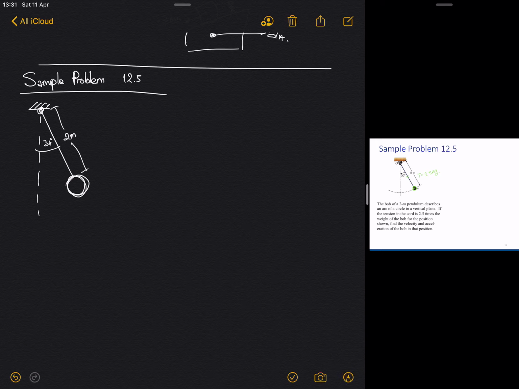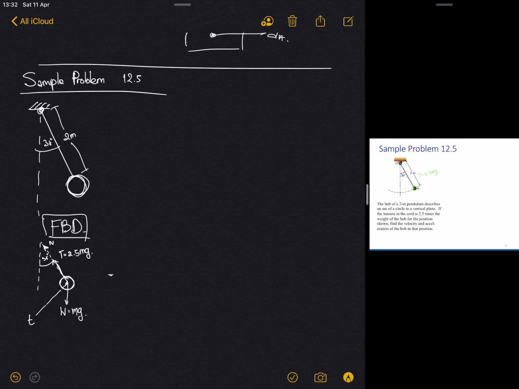And then when we draw the body diagrams, you have ball, and this is the line, and then here is end plane, and here is T. We have weight here, W equal to mg, and here is 30 degree, and we have a tension as T equal to 2.5 mg.